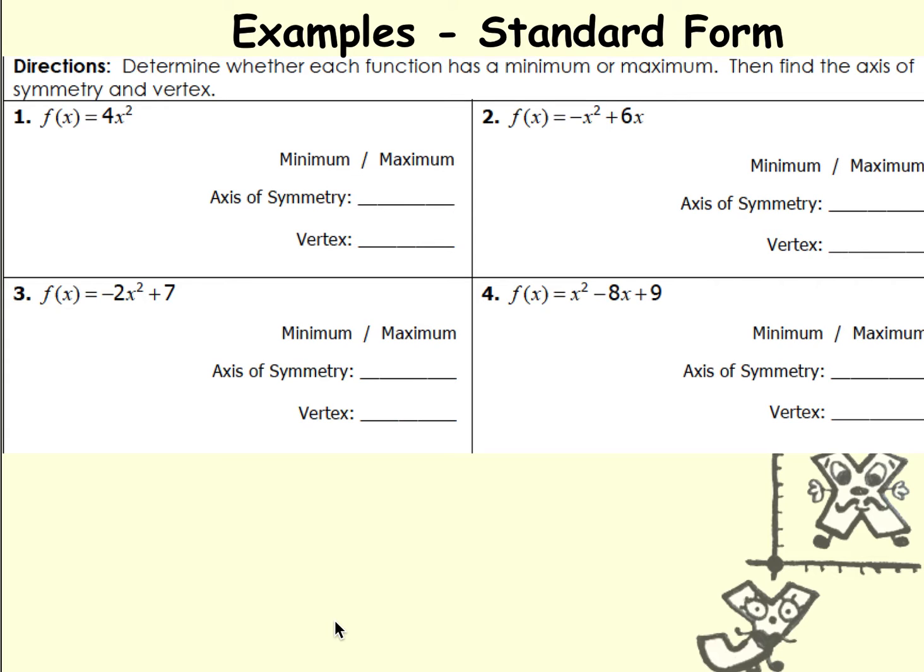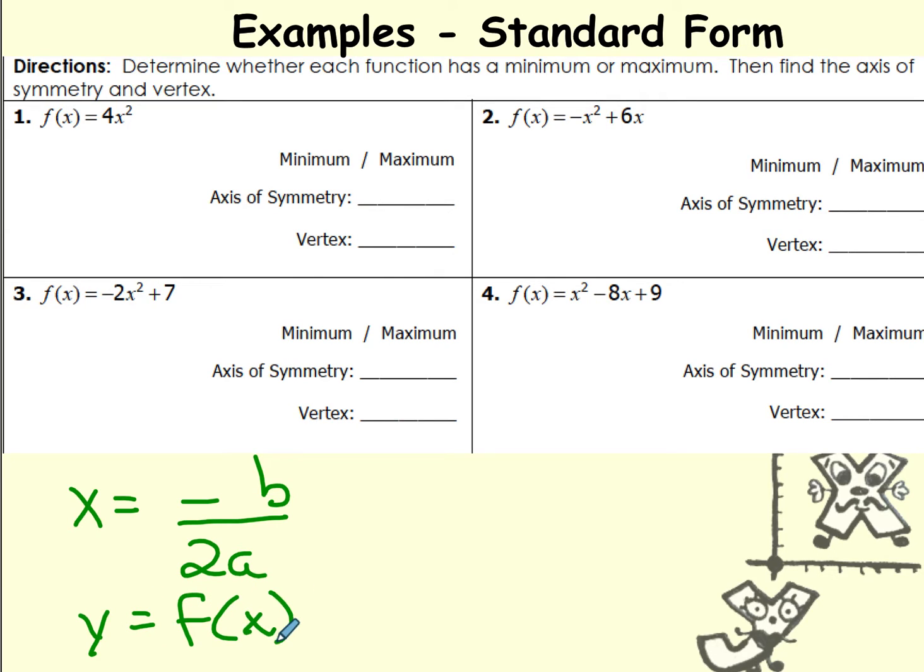So before we go on, we're going to learn a little formula that helps us figure out how to determine the vertex. So the vertex, when in standard form, is always going to be x equals the opposite of b over 2 times a. The y coordinate is always going to be f of x.